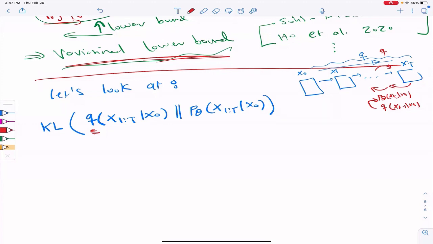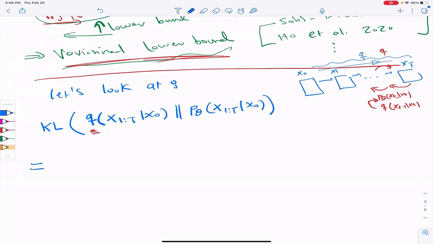That's why I'm quantifying the KL divergence between these two joint distributions, because I don't want to talk about individual marginals. If the whole joint distributions by Q and p sub theta are close enough to each other, maybe I'll be happy. All right, so let's write this down.